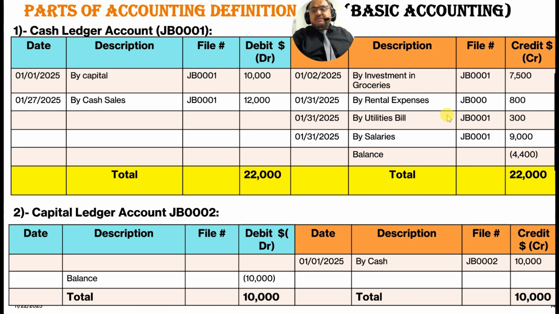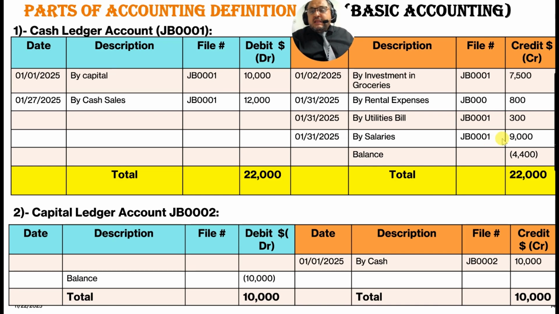We paid utility bills and finished. We wrote it in here as credit. We paid cash. Our cash was credited $300. For salaries, we paid the employees $9,000 cash, and the salaries were finished.